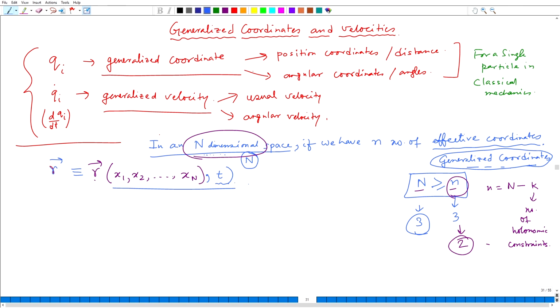But for now, I am simply saying, let me do it like that. At first I am just talking about a simple Cartesian coordinate system, so I will have x1, x2 up to x capital N components. In the system of generalized coordinates, you will actually have r as another function of q1, q2, up to q small n, and t.